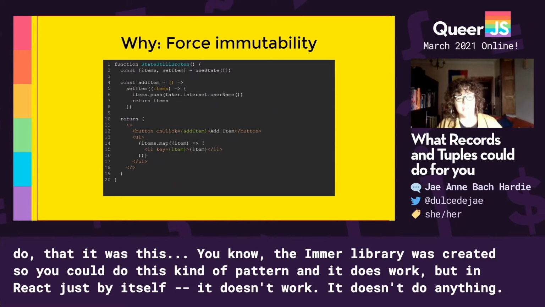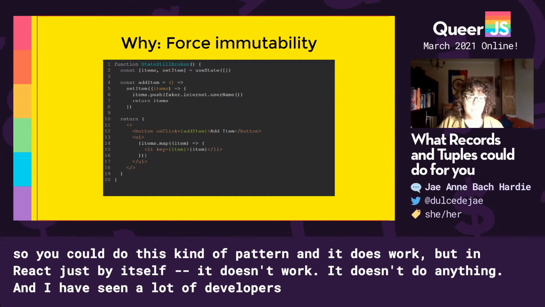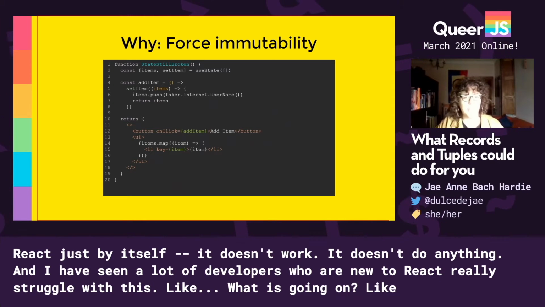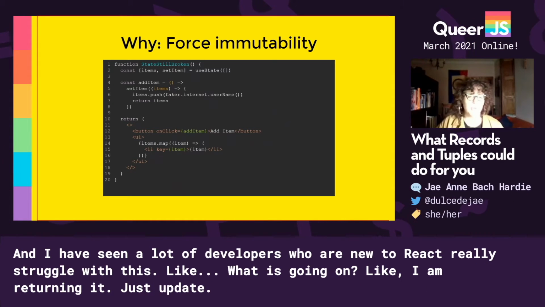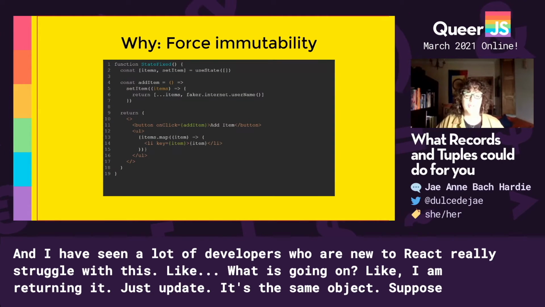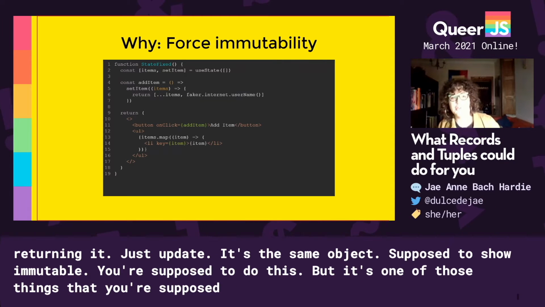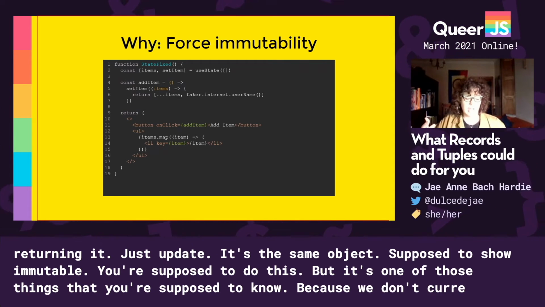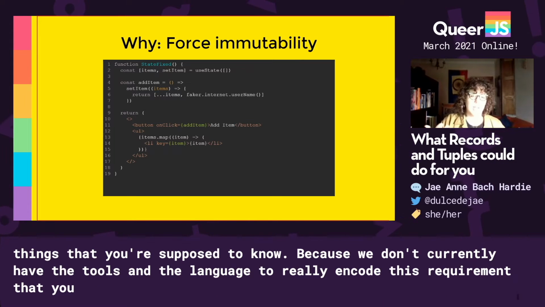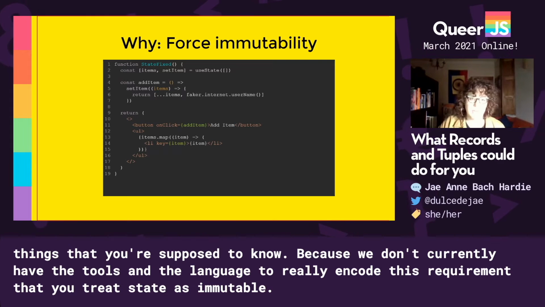And I have seen a lot of developers who are new to React really struggle with this, like, what is going on? I am returning it, just update, but it's the same object. You're supposed to treat it as immutable. You're supposed to do this, but it's one of those things that you're supposed to know, because we don't currently have the tools in the language to really encode this requirement that you treat state as immutable when it comes to collections of things.